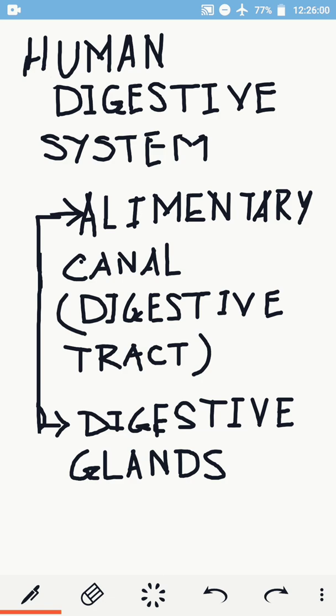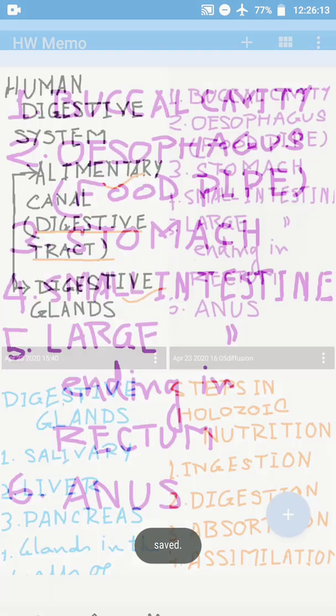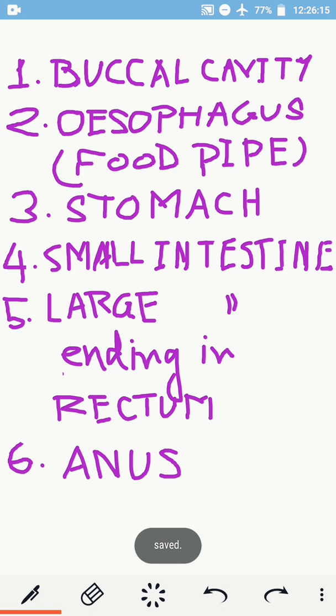Human digestive system broadly can be divided into two parts, alimentary canal and digestive glands. Alimentary canal or digestive tract has different parts which are differently named.